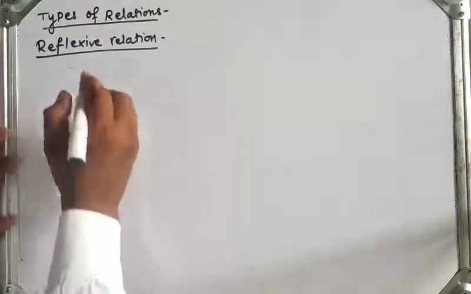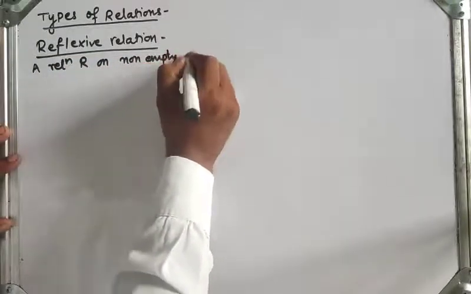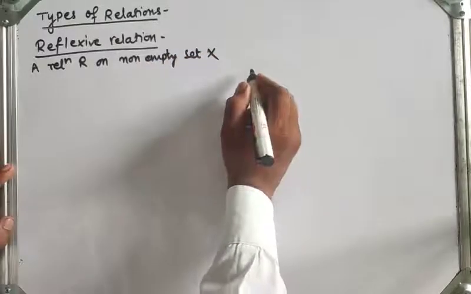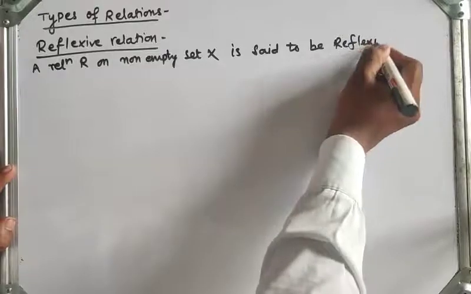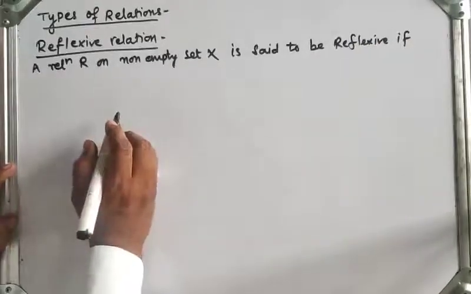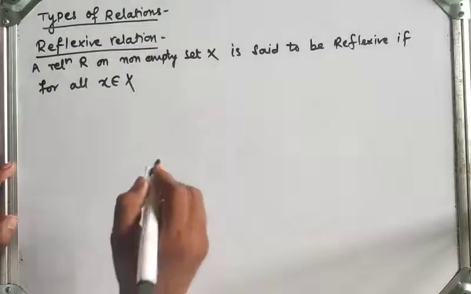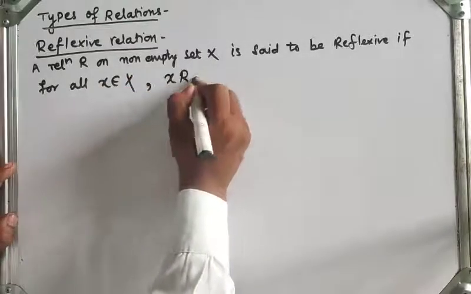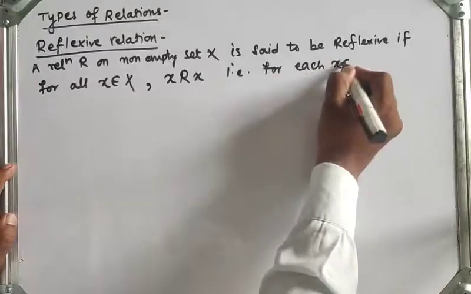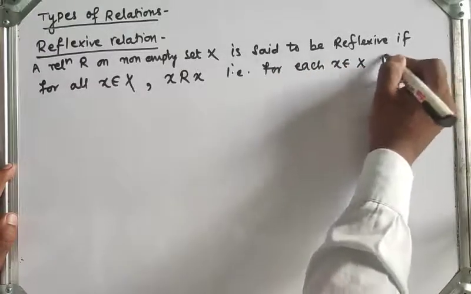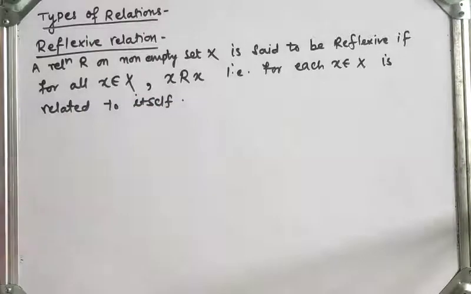A relation R on a non-empty set X is said to be reflexive if for all x belongs to X, x is related to x, that is, each x belongs to X is related to itself. This is the definition for reflexive relation.